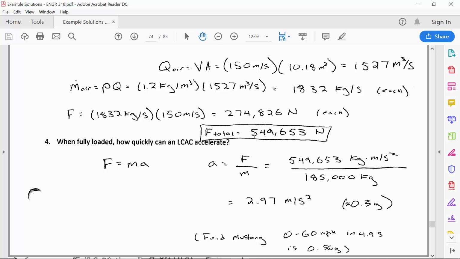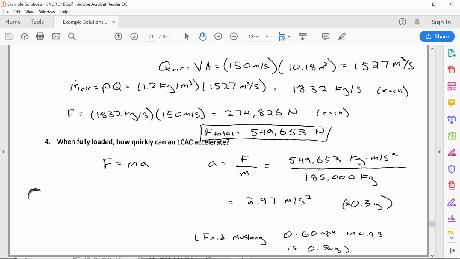Then the last thing is just F equals ma to find out how much it could accelerate. Its acceleration would be the overall force of the thrust divided by the mass of the body. And so it's able to accelerate close to 3 meters per second squared.